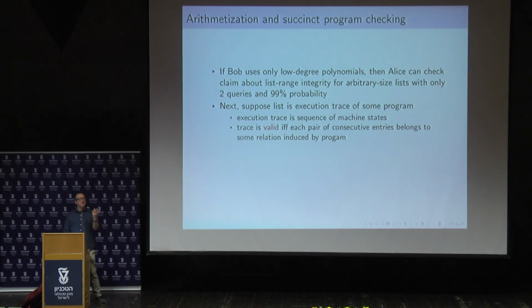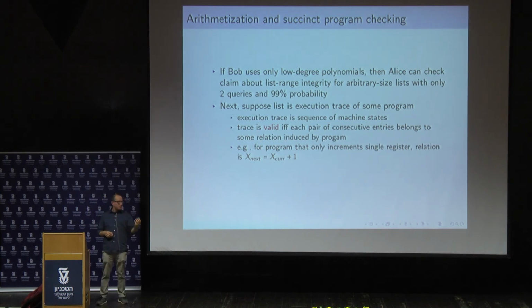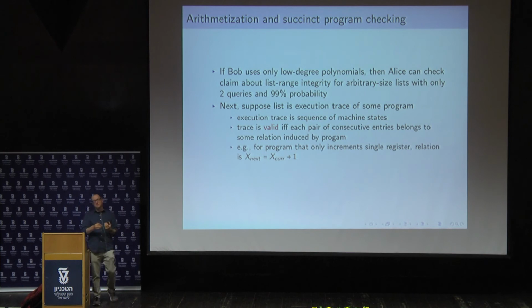So what is this thing that must be satisfied? Well, you could express it with a polynomial. For instance, here's a simple program that only increments. It does +1, let's say for 1,000,000 steps. It starts with a value 5, and at each step it goes +1. So its execution trace is supposed to be 5, 6, 7, 8, up to 1,000,000 + 5.